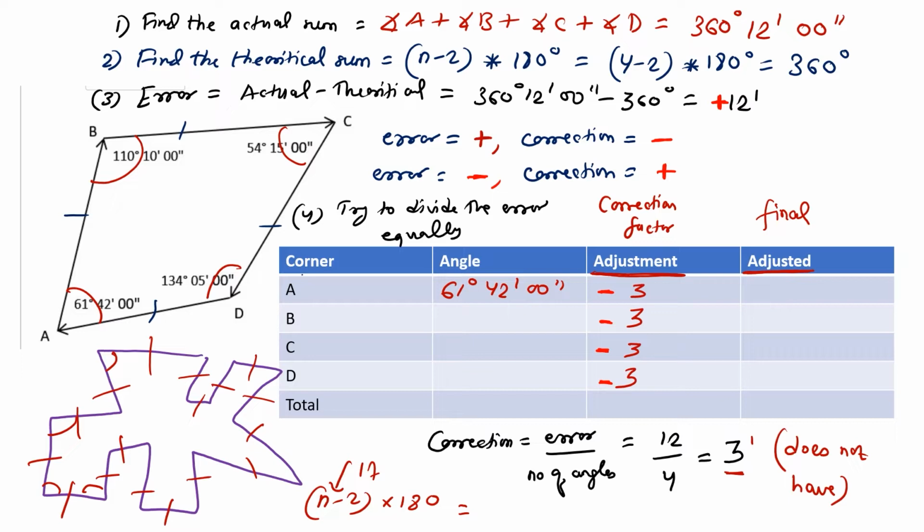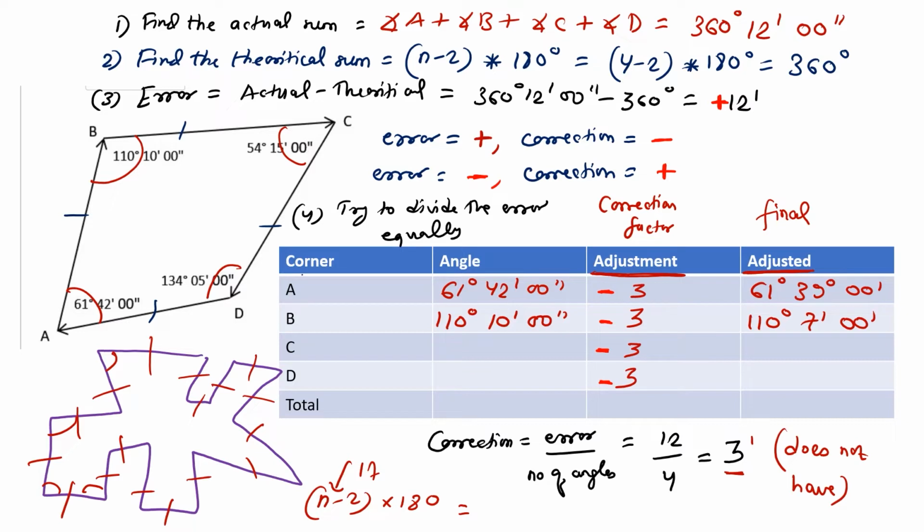This would be 61°39'00". My second angle B is 110°10'00". So I subtract 3 minutes, and that will give you 110°07'00".